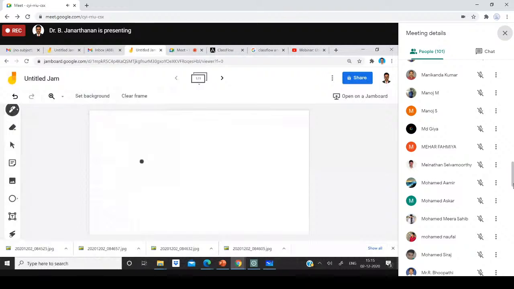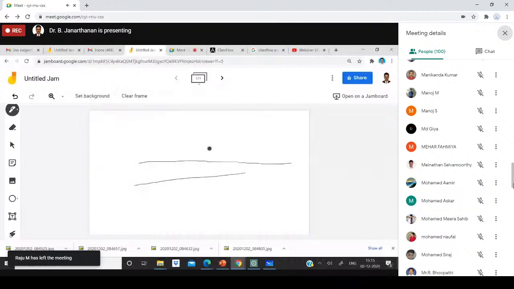I don't find any scale for making straight lines. So I may have to use freehand for drawing these lines, which is very difficult. So there are certain limitations in this Jamboard also.